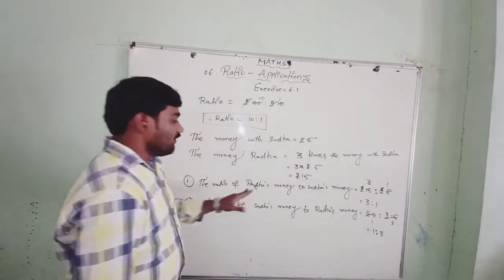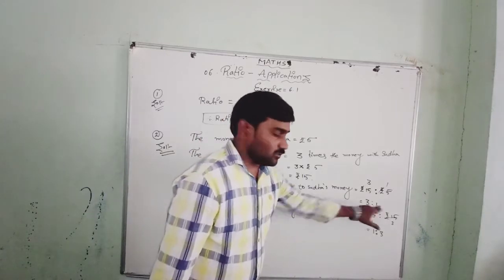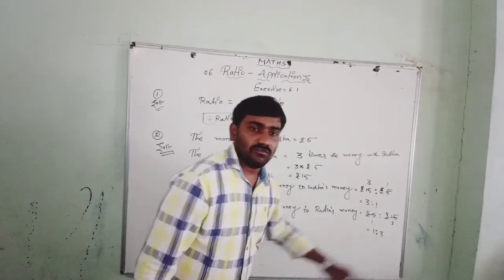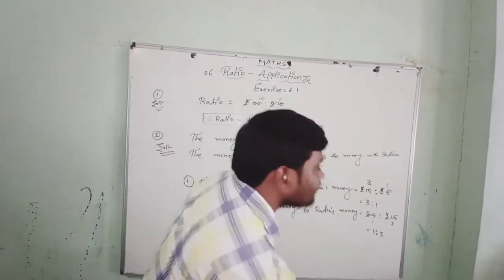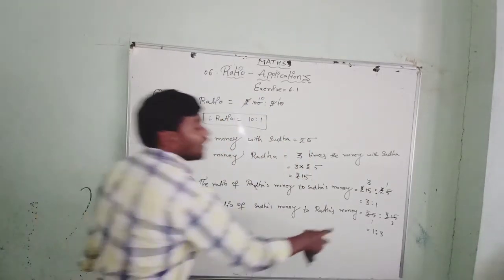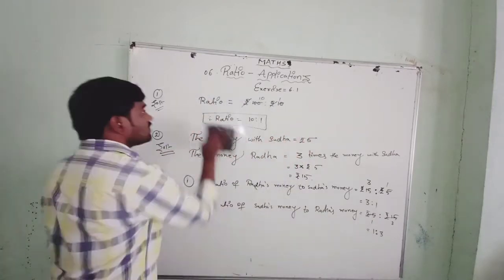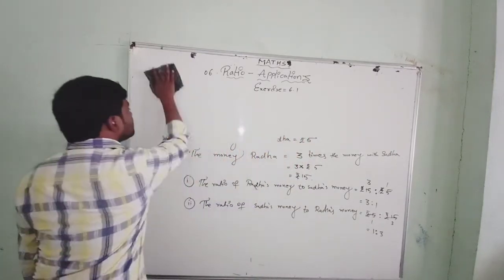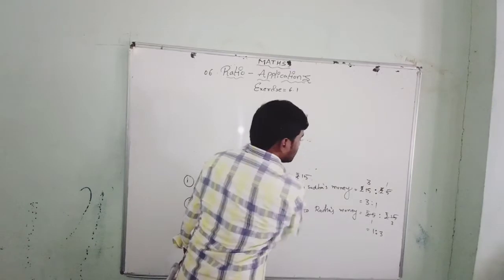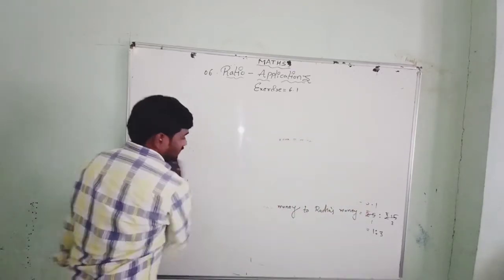It is simple, no? Radha is to Sudha is 3 is to 1, then Sudha is to Radha is 1 is to 3. It will be the reverse. The inverse ratio of 3 is to 1 is 1 is to 3. Inverse in the sense reverse we have to do.